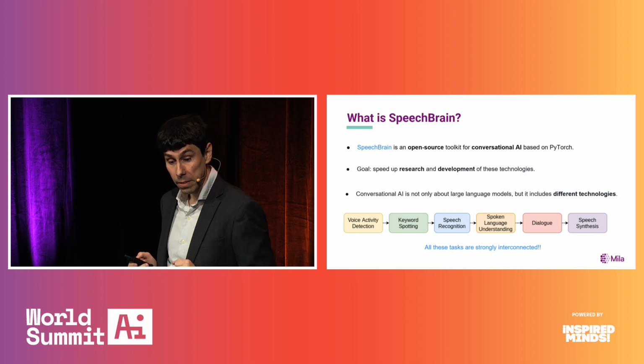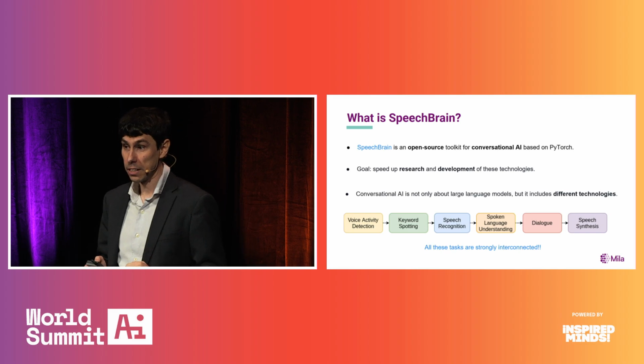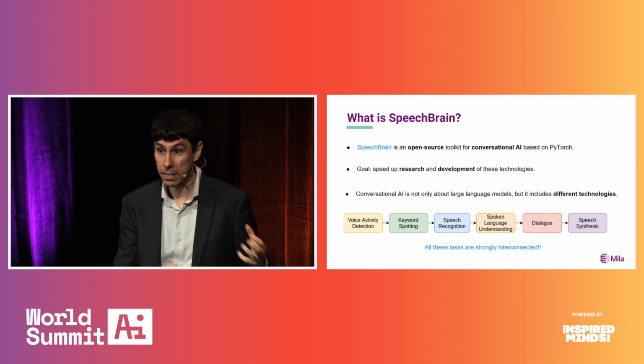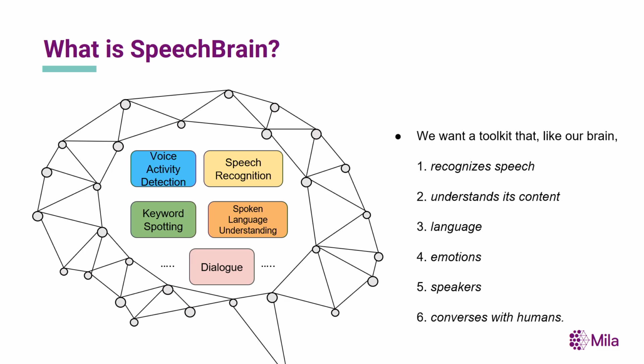The other pretty good news is that these technologies are no longer independent like in the past. All these technologies are strongly interconnected because they share the same underlying technology, which is deep learning. So these days it's really possible to develop a toolkit like SpeechBrain where these technologies interact with each other.